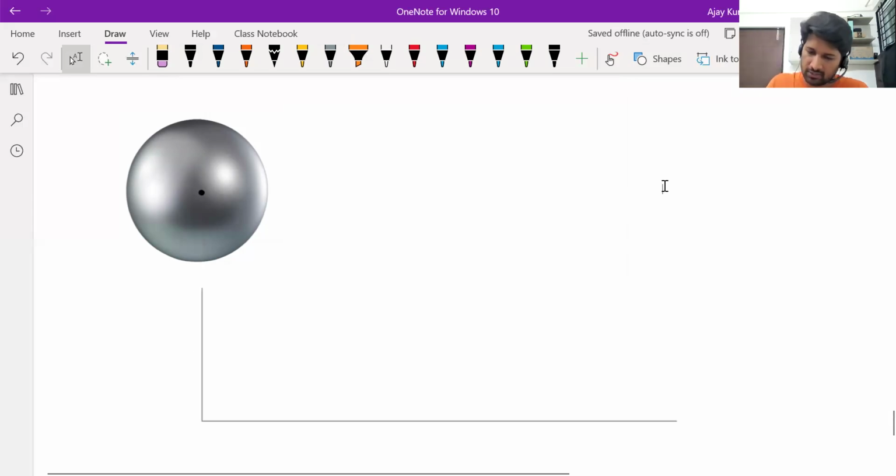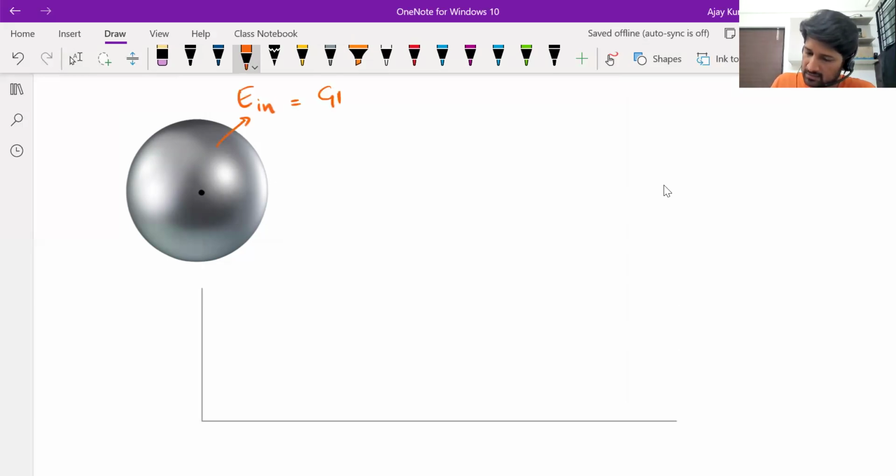And in case of solid sphere also, we know the formula for field. Field inside is given by GMx divided by R cube, and field outside is given by the formula GM divided by x square. You have to draw the graph based on the formula.